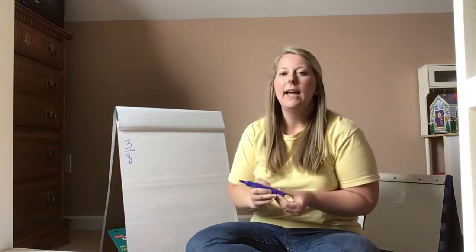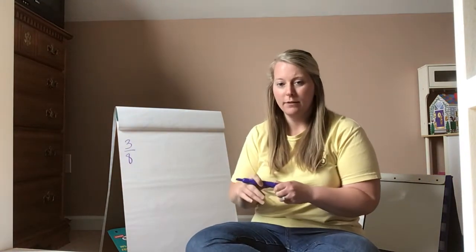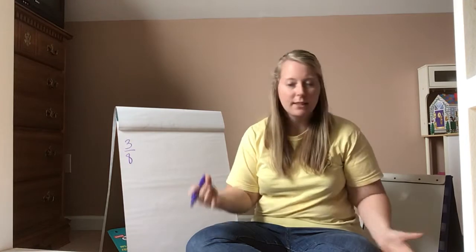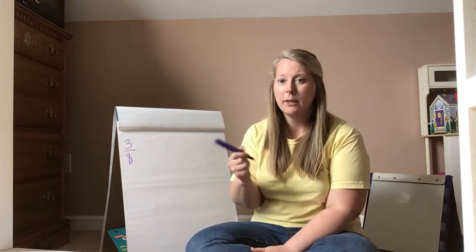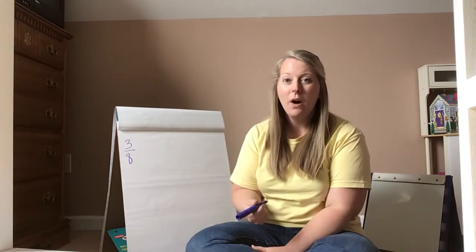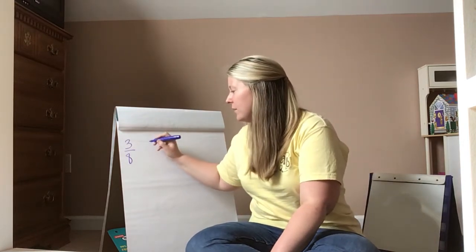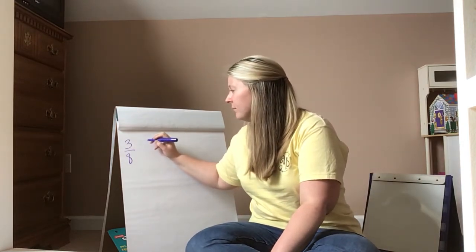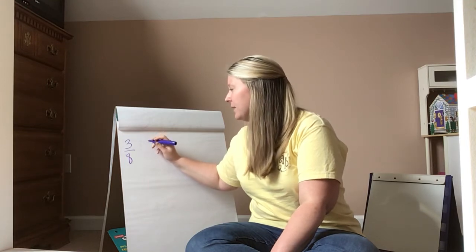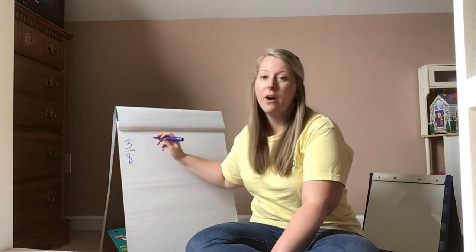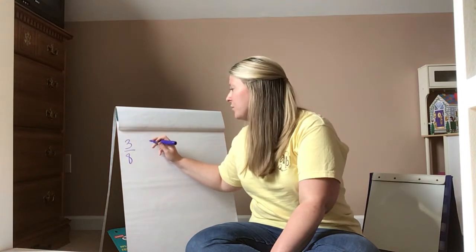Okay, and if I were to draw a set model for this, I don't have to have any objects. As long as I have a pencil or a marker or a pen, I'm good to go, and I can draw that set model. Okay, so my set model, maybe I want to let's do stars this time, or I'm going to do what we would call asterisks. Okay, so I'm going to draw 8 of them.